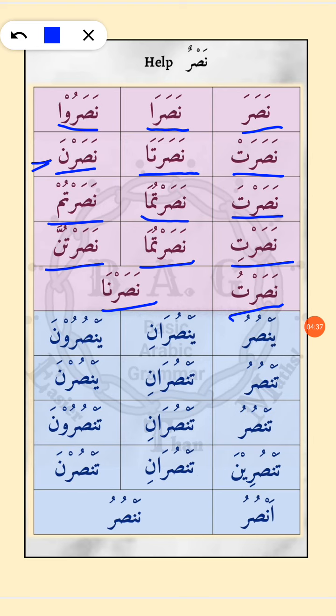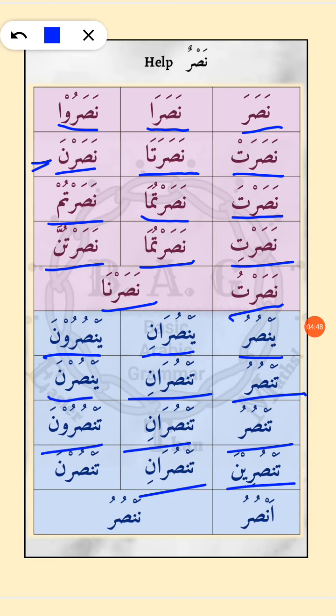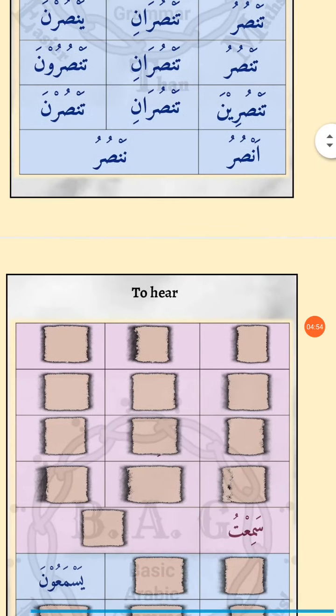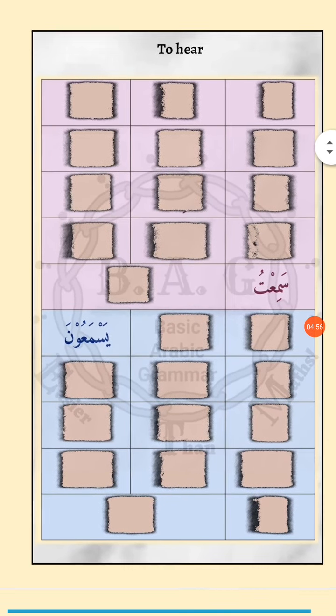All right, next one is yansuru in the muzare. So yansuru, yansurani, yansuruna, tansuru, tansurani, yansurna, tansuru, tansurani, tansuruna, tansurina, tansurani, tansurna, ansuru, nansuru. All right, next one, to hear.